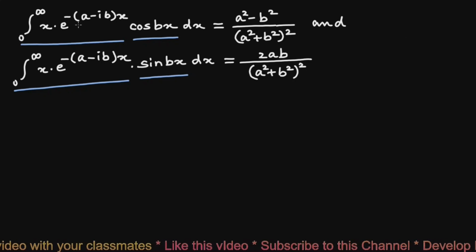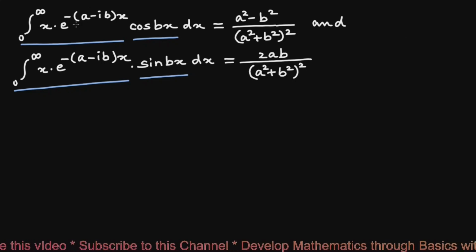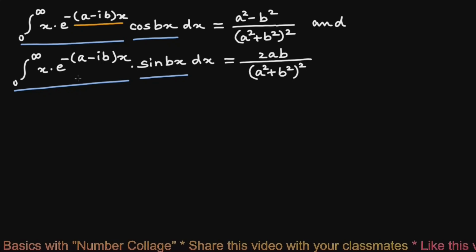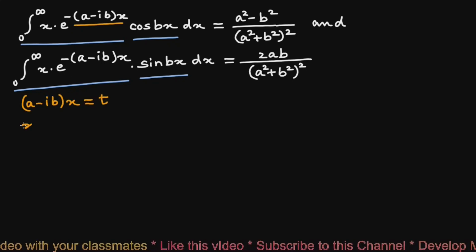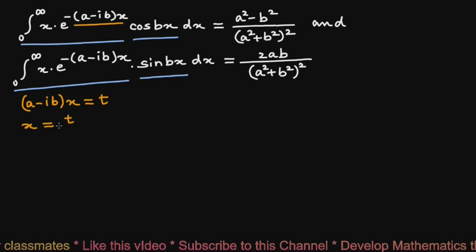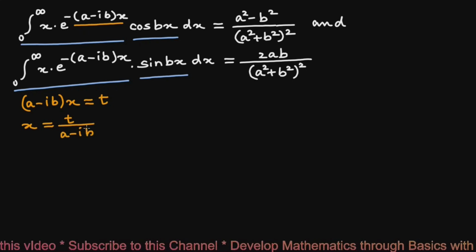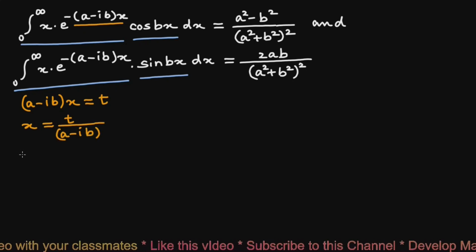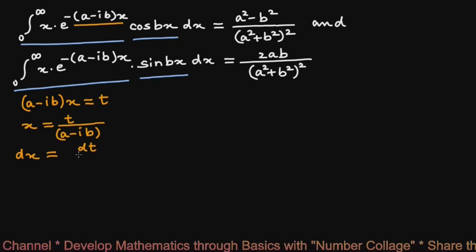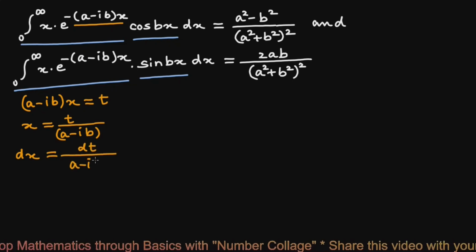So as usual, we will start by assuming (a minus ib) into x equals t, so that x will be t upon (a minus ib), and after differentiation dx will be dt upon (a minus ib).